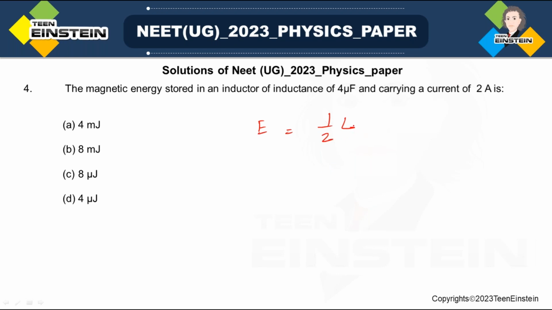So this indicates that the energy stored in the inductor will be half or 1 by 2 mu 0 dl by li square. So I hope you remember this.